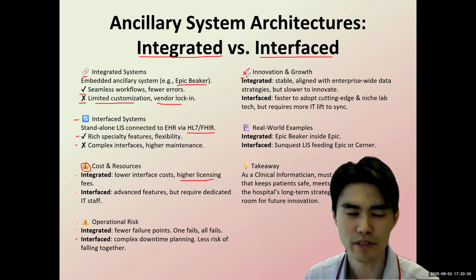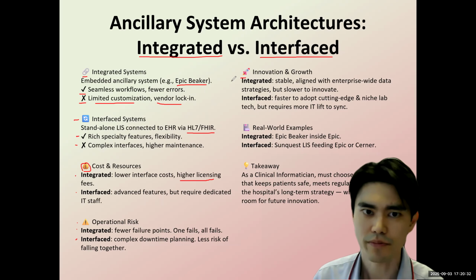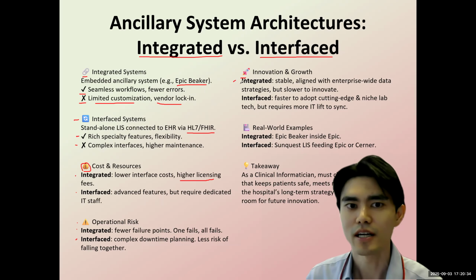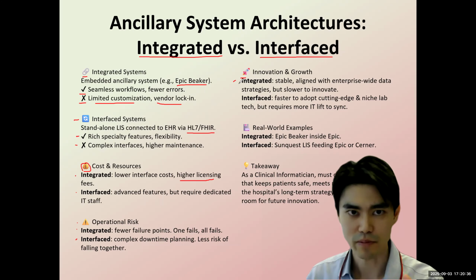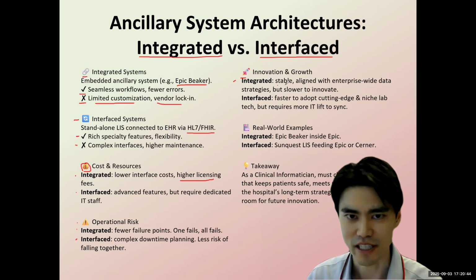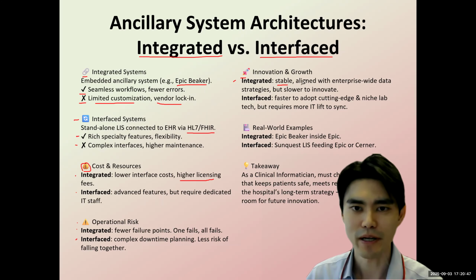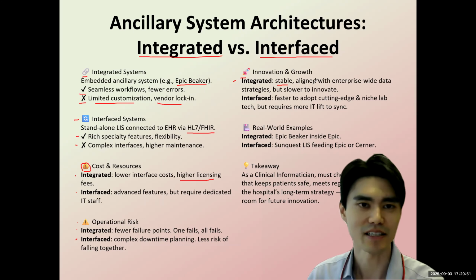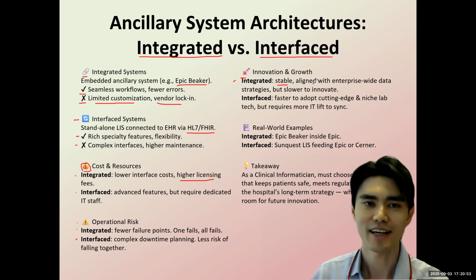Now let's look at potential innovation and growth. When it's integrated, it is much more stable because it's one vendor, one team handling everything. The communication is smoother, there's no interface. So it could be stable. And it might be aligned more with the enterprise-wide data strategy because it's all in one location.